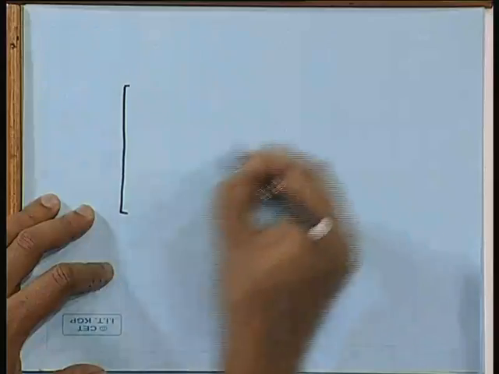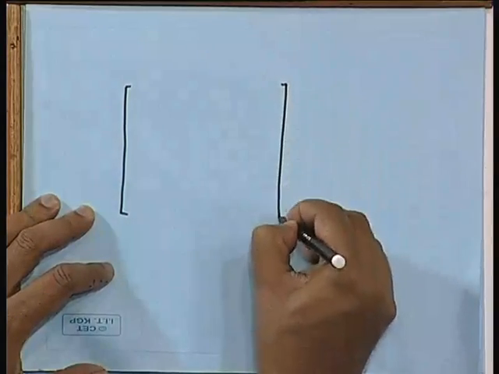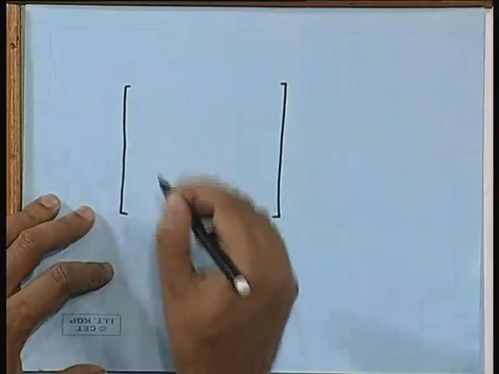After applying these constraints, it is possible for us to reformulate this equation in matrix form. How? Just look at it. It can be written as a phi matrix, which I am going to define shortly.